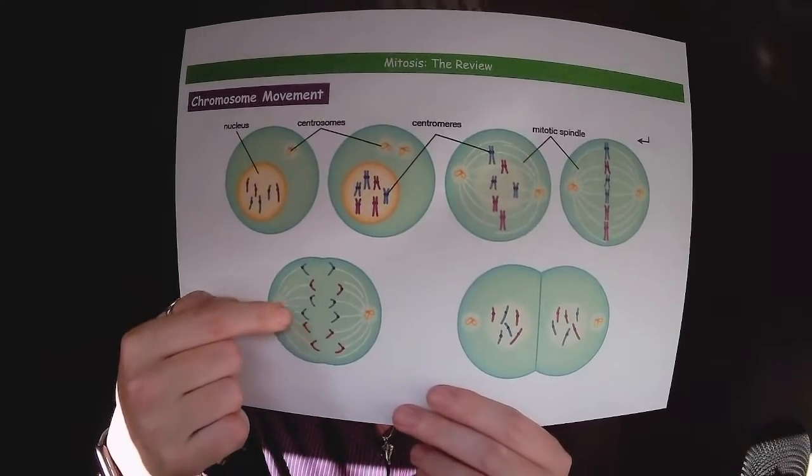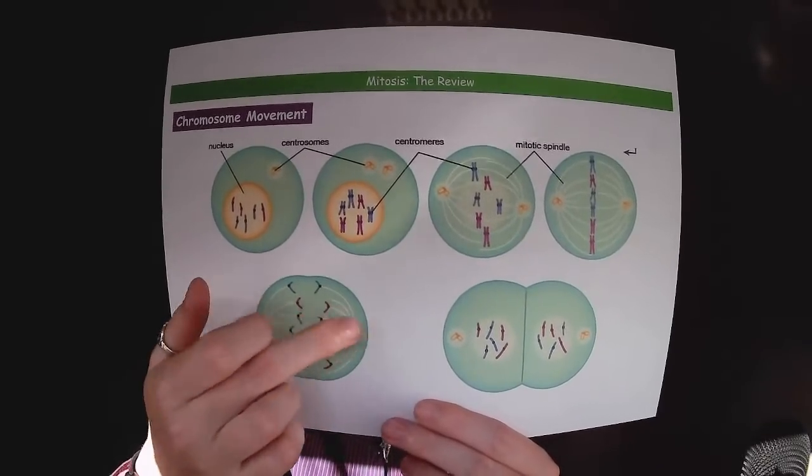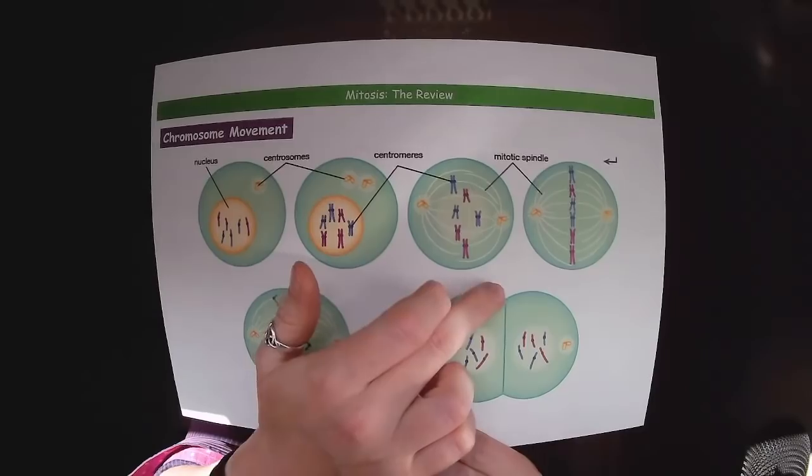And that's done by these little things called spindle fibres. What happens is they go all the way to the opposite ends of the cell, and then we end up with the cell dividing in a process called cytokinesis. Now, cytokinesis quite simply is where we've got our cell, and then the membrane just pinches in until we form 2 individual cells.